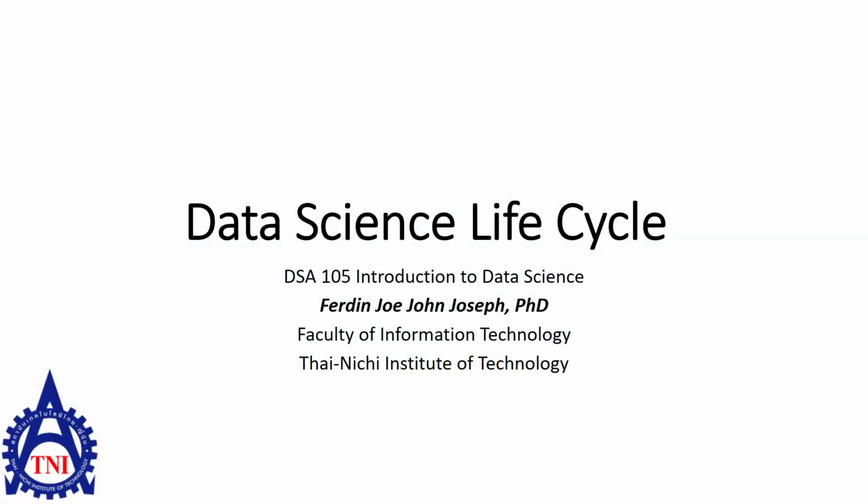Now we are going to see about the data science life cycle. Normally in software engineering, we have the software development life cycle. Similarly, data science also has a life cycle to its process. So in this video, we are going to see in detail about the data science life cycle.